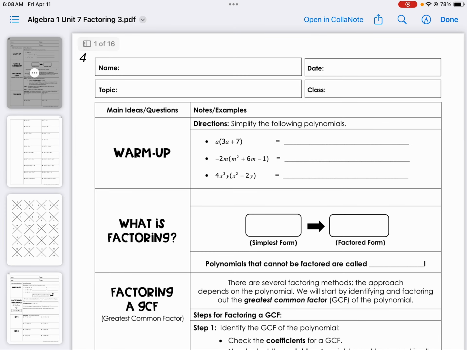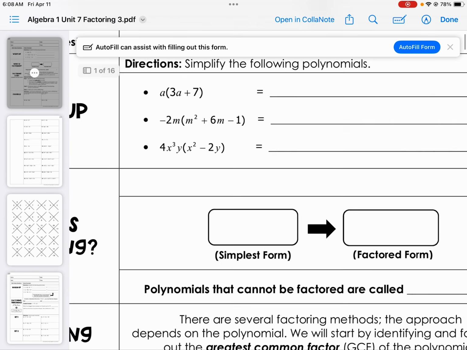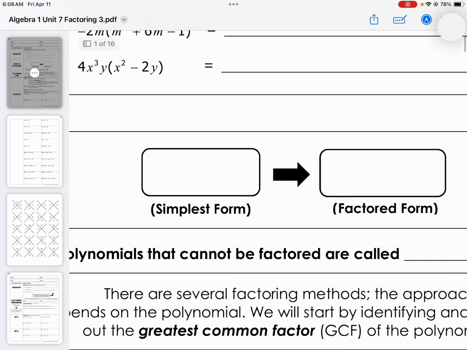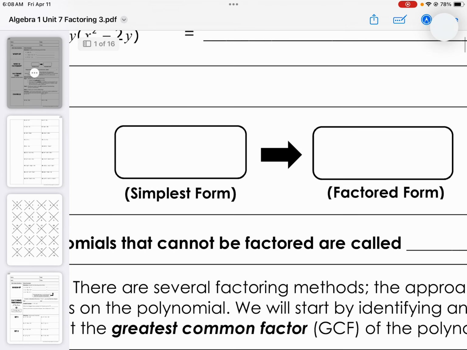Okay. So we're doing the same types of work with the same types of problems, but essentially it's going to be going backwards. Sorry, it looks like it reset on me, but I will re-put those back on there. 3a squared plus 7a would become a times 3a plus 7.